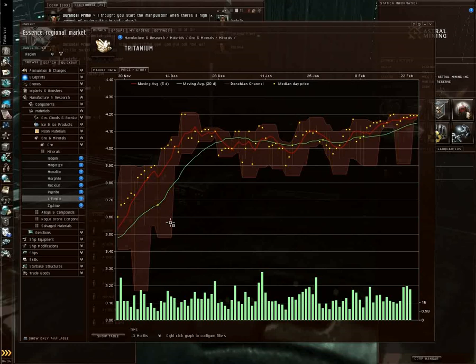And the reverse is true. So when the green is above the red, you will see that the red is pulling the green average down. So on these days, you would be interested in buying and then selling, and selling and buying and selling. Well, the buy low and sell high, we already covered that.